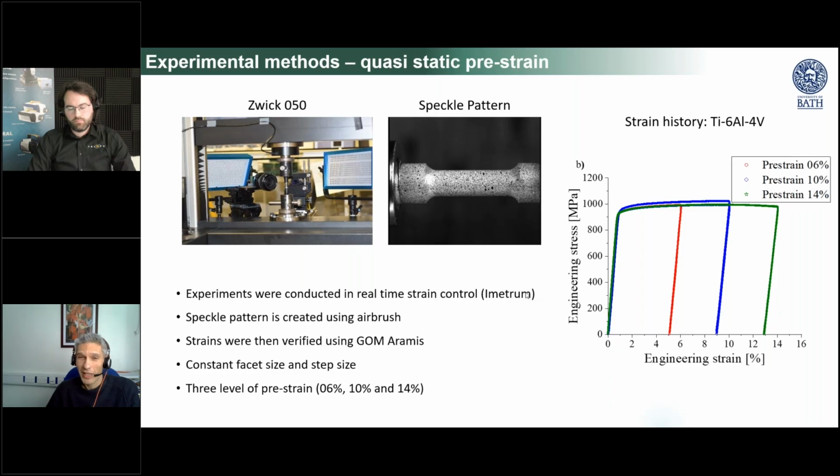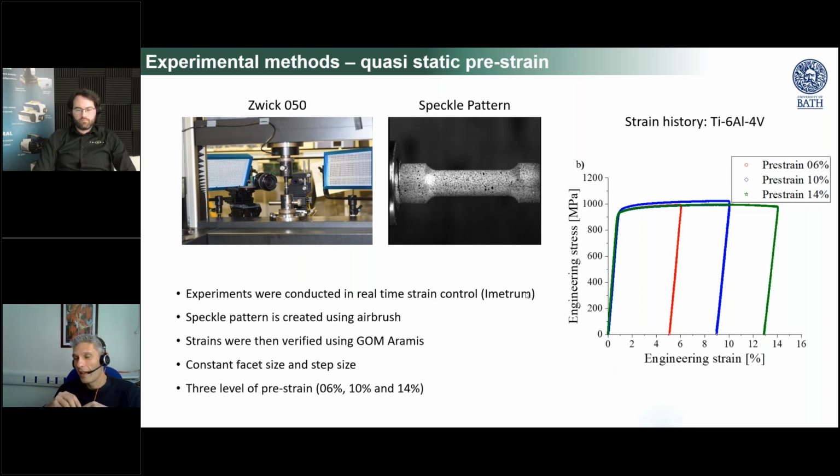First, we preconditioned the samples of titanium 64, perhaps the most common titanium alloy used in aerospace, at 3 different levels of strain using real-time strain control. In particular, we used the Emetron video extensometer that allowed us to control strains in real time.